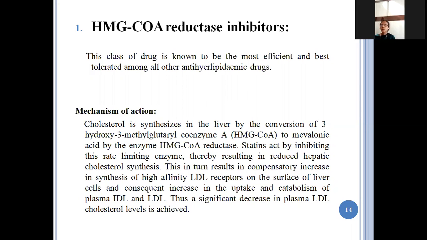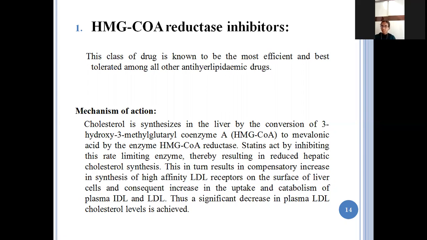So the cholesterol is synthesized in the body from the conversion of HMG-CoA into mevalonic acid. So this conversion will be inhibited by the HMG-CoA reductase enzyme inhibitors.